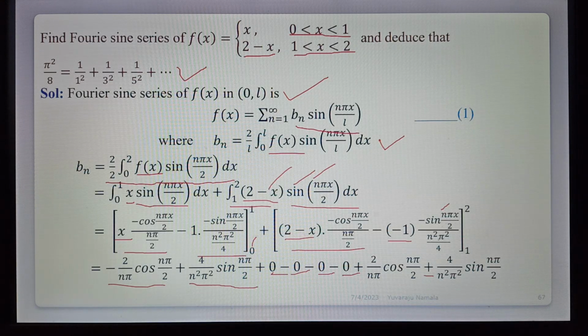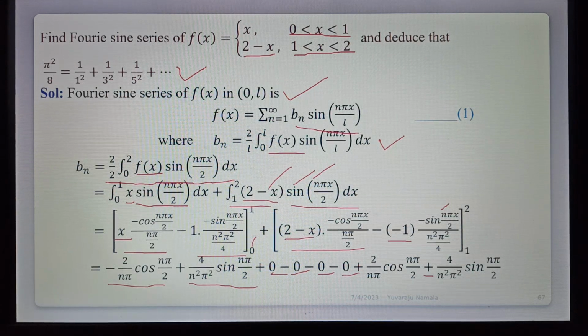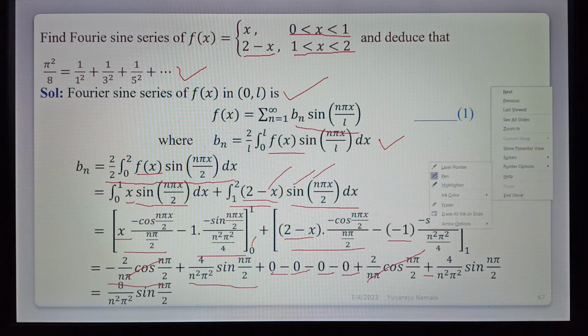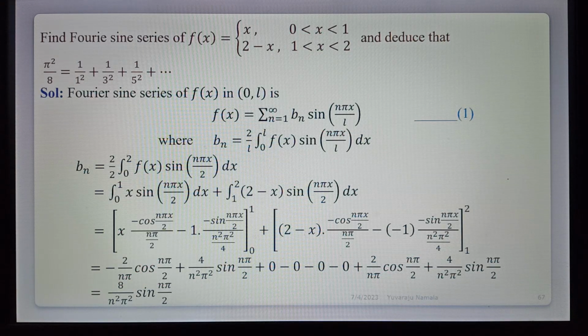So x is equal to 1, 4 by n square pi square into sin n pi by 2. For simplification, the cos terms cancel, remaining 4 by n square pi square plus 4 by n square pi square, that is 8 by n square pi square into sin n pi by 2. So this is the bn value.